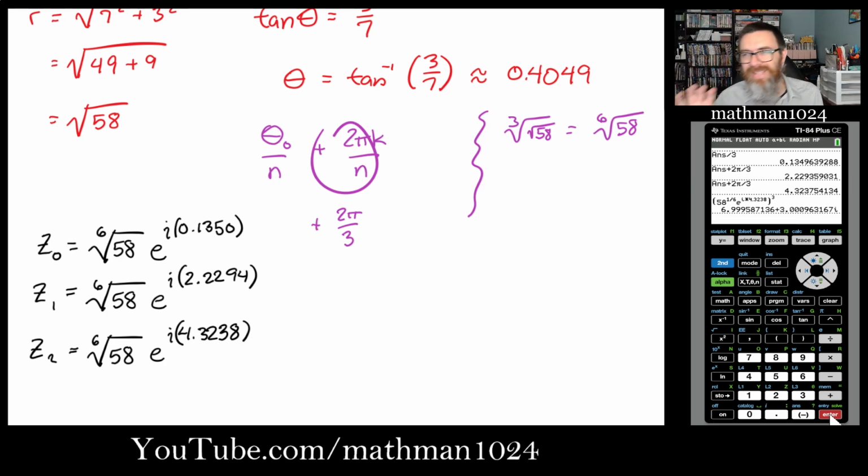All right, so it's not exactly 7 plus 3i, but you can see that that's pretty much 7 plus 3i, right?